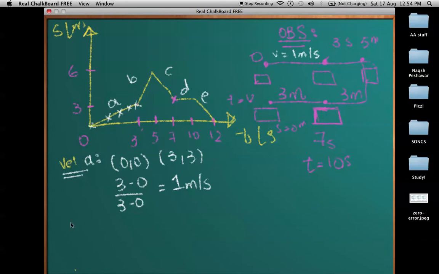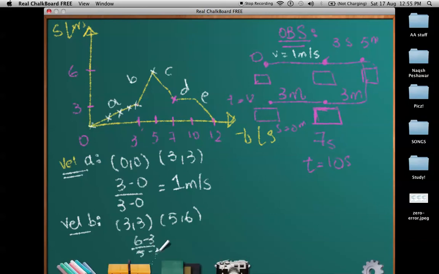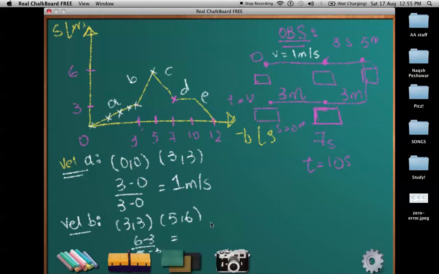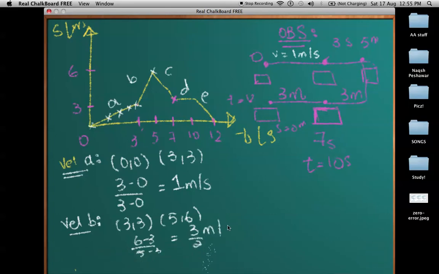Now let's talk about B, velocity at B. So let's take 2 points. One of the points can be 3 and 3. The other can be 5 and 6. So again, y2 minus y1 over x2 minus x1, 6 minus 3 divided by 5 minus 3. This would give me 3 over 2 meters per second.